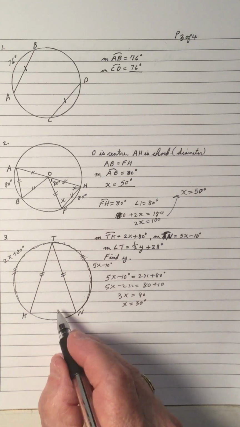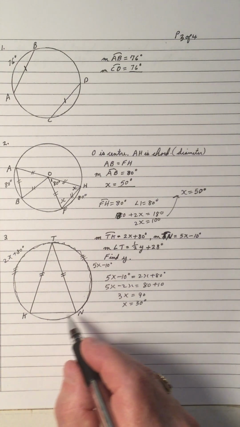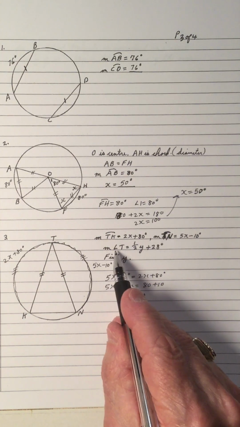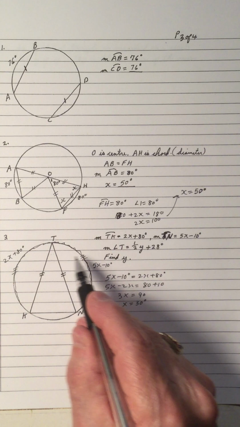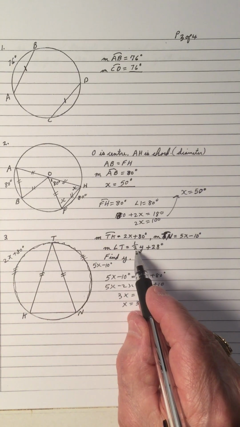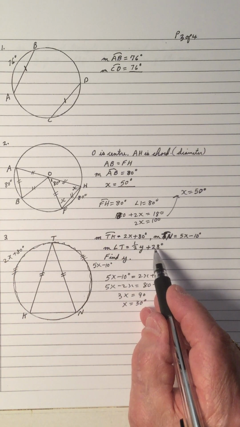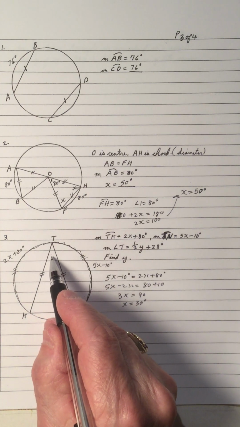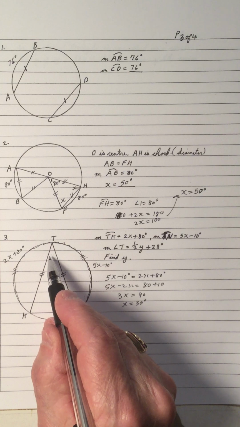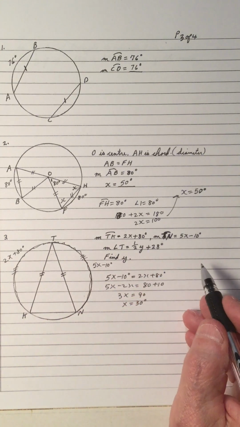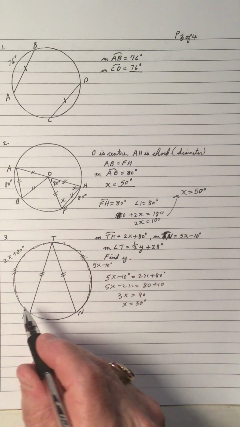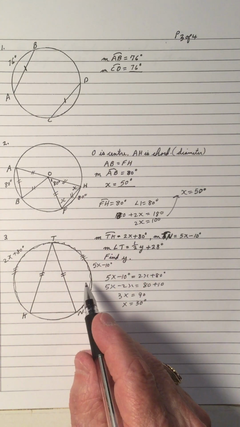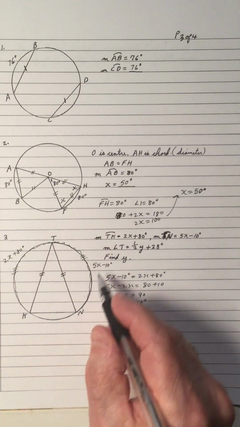So if x is 30, now, it says the measure of angle T, this angle here, is a half y plus 28, and it says find what y is. So I have to find the measure of this angle in order to find y.